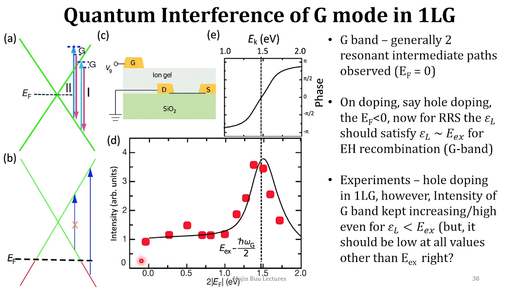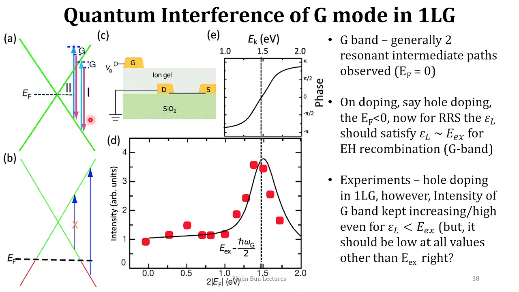What was seen was, with increasing energy till a particular value, which is the resonance energy associated with the electron excitation energy, one could surprisingly see an increase in the intensity of the G band, following which it decreased.